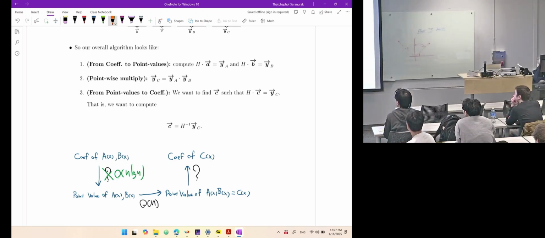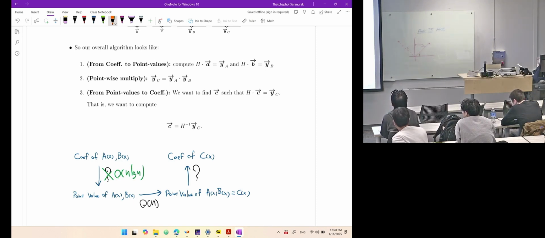The first step here is, we are given A and B as our input, and we multiply A by H and B by H and get vectors YA and YB. That's the first step that we just did. And we can do this in n log n time.